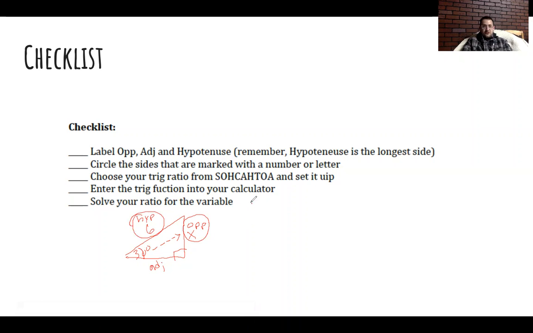And then you're going to choose from SOHCAHTOA. So I like to ask my students, is this a SO, a CA, or a TOA problem? And I notice here that it is an O and an H. So you're going to write sine of theta equals opposite over hypotenuse.